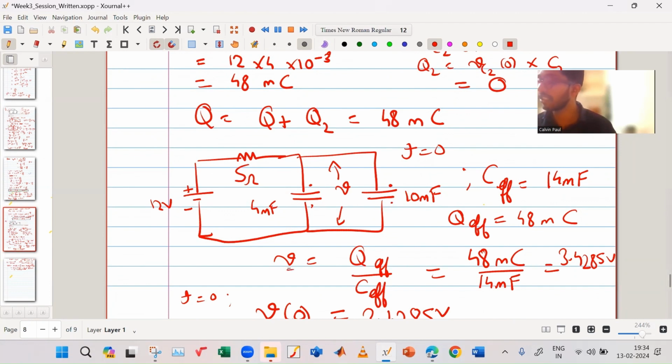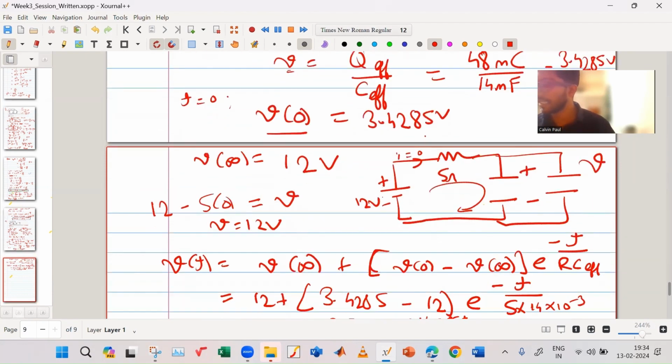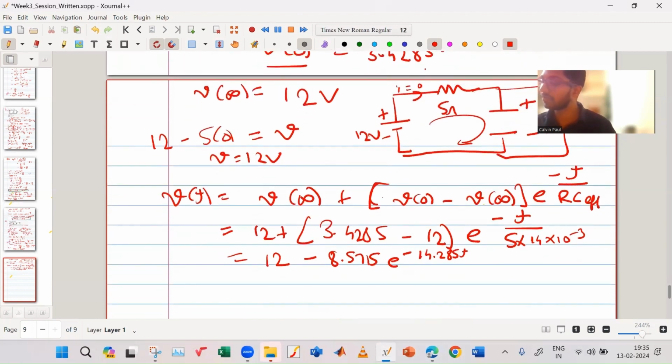So the voltage now changes, and that voltage is this. And then we solve it at final in steady state. This is open circuit. Open circuit means no current flows here. That means this voltage also has to be 12 volt. And then I use this shortcut formula and I get my answer.